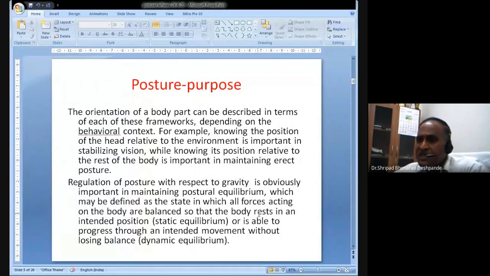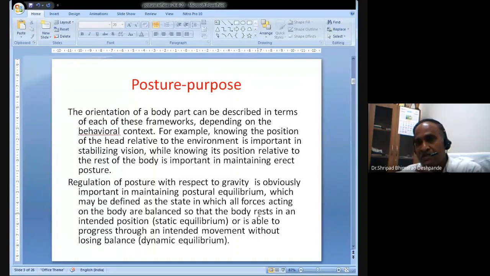A geocentric regulation of posture with respect to gravity is important while you are performing certain actions, to maintain postural equilibrium. This is defined as the state in which all forces acting on the body are balanced.